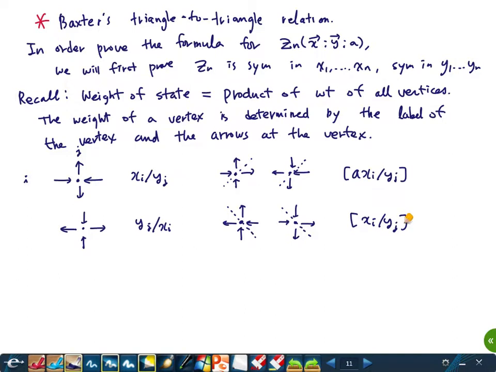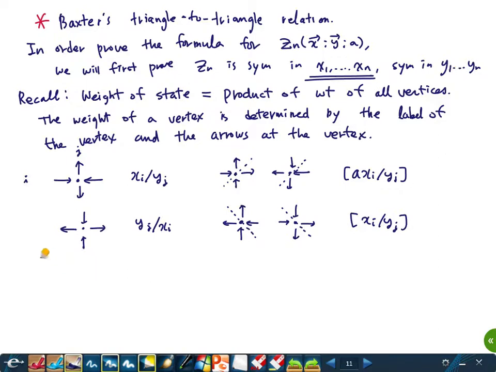Now, how can we show that it is symmetric in these variables? If we can show it for the xi's, then the same holds for the y's, because X's and y's are really symmetric, and by the same way we can prove the same thing.